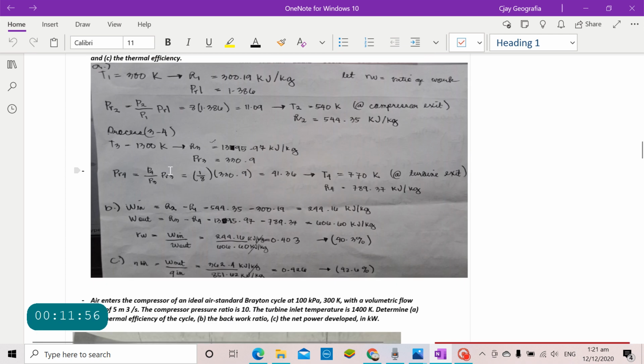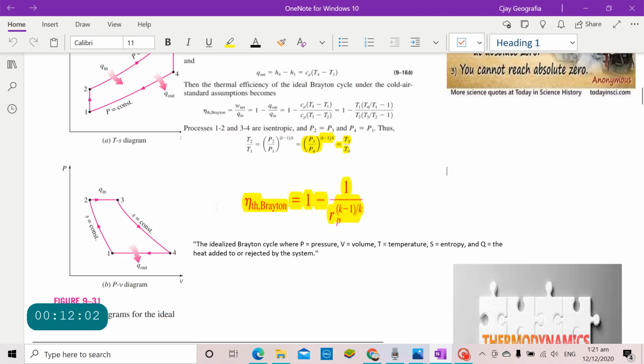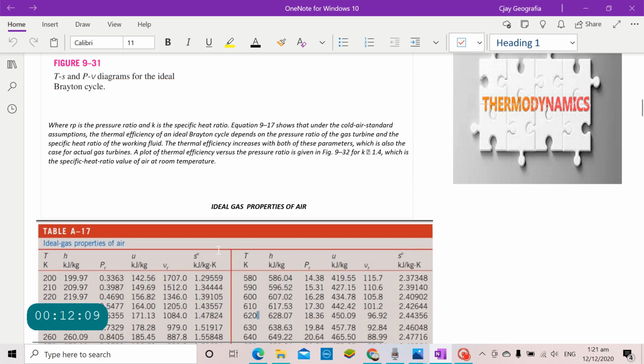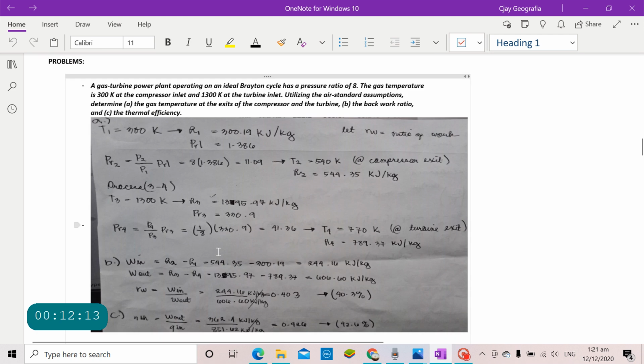Continuing with processes 3 and 4. We use this process because it is isentropic expansion in a turbine; the process is expanding, and the pressure and temperature change in the expansion, which is called isentropic.